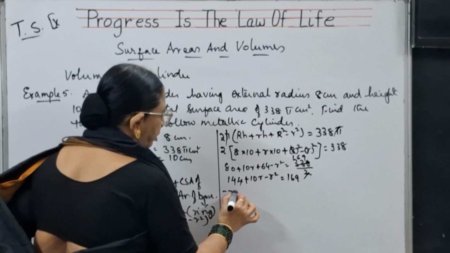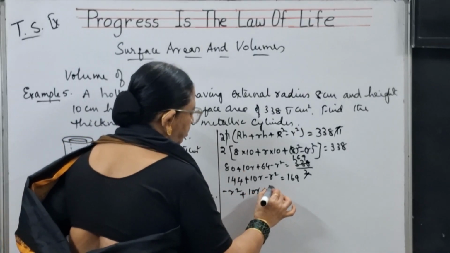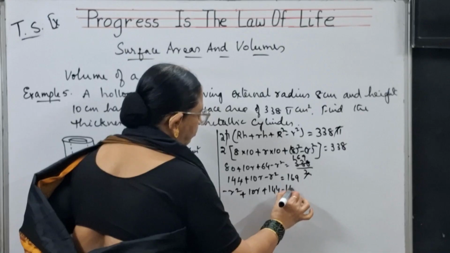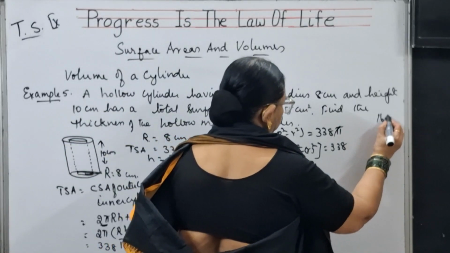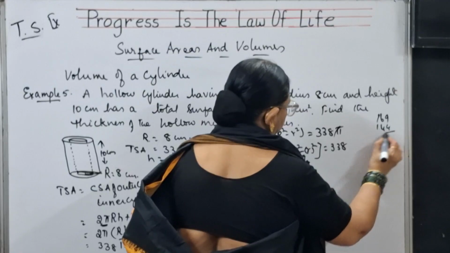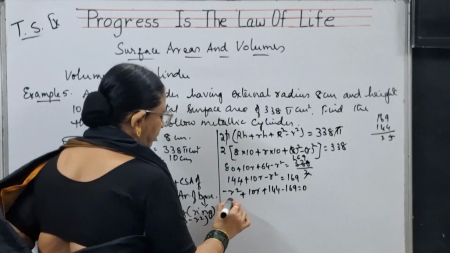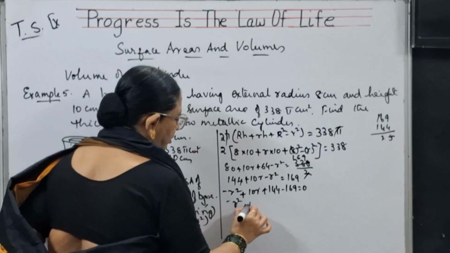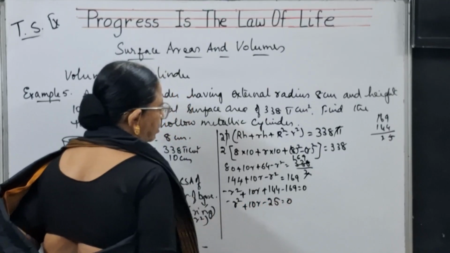That means minus r square plus 10r plus 144 minus 169 is equal to 0. So from 169, if you subtract 144, 25. So minus r square plus 10r minus 25 is equal to 0.